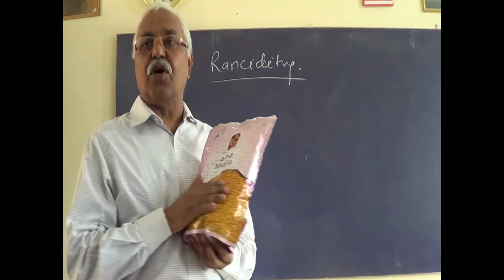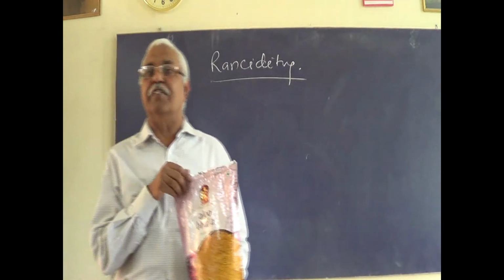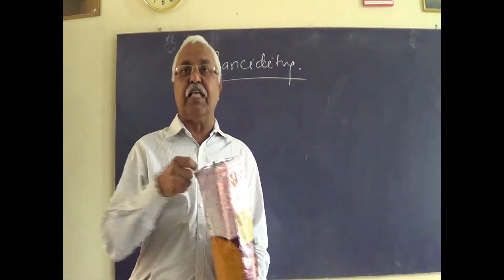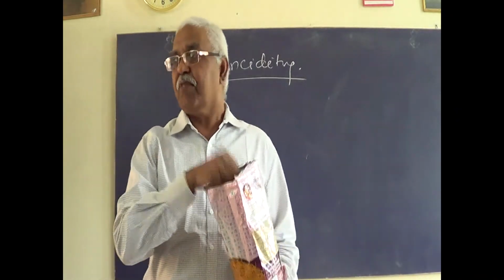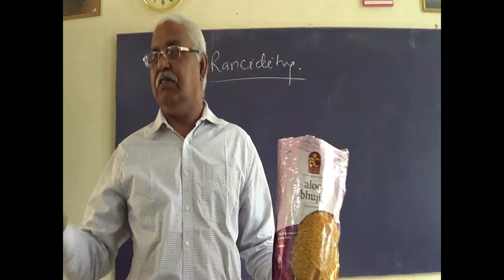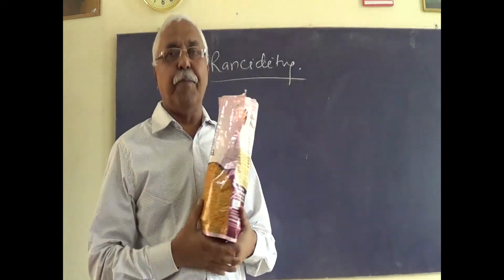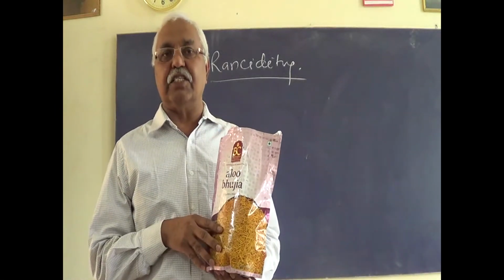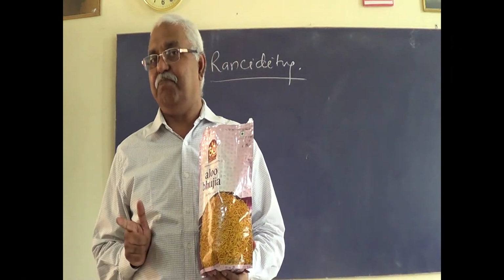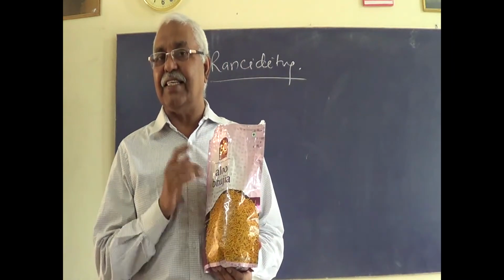These fats get oxidized in the presence of oxygen. When you open the packet, it comes in exposure to oxygen. You can experiment at home also. Keep two packets, one open and one closed. The open one will get spoiled after a few days, it will have a smell and a different taste. The taste gets changed.